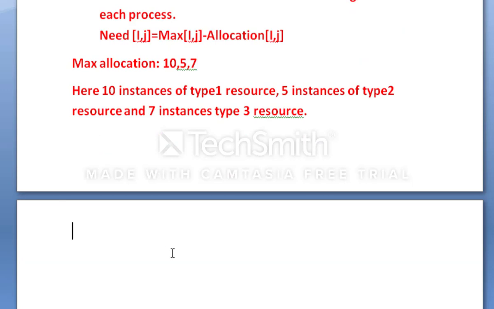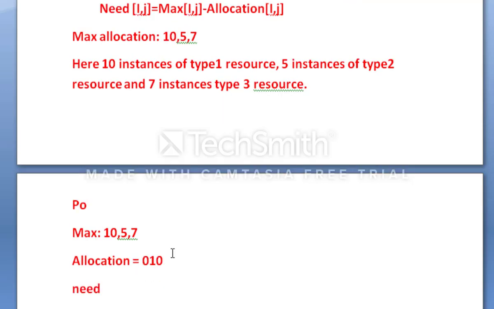For example, process P0: maximum is suppose 10 5 7, and allocation is suppose 0 1 0.